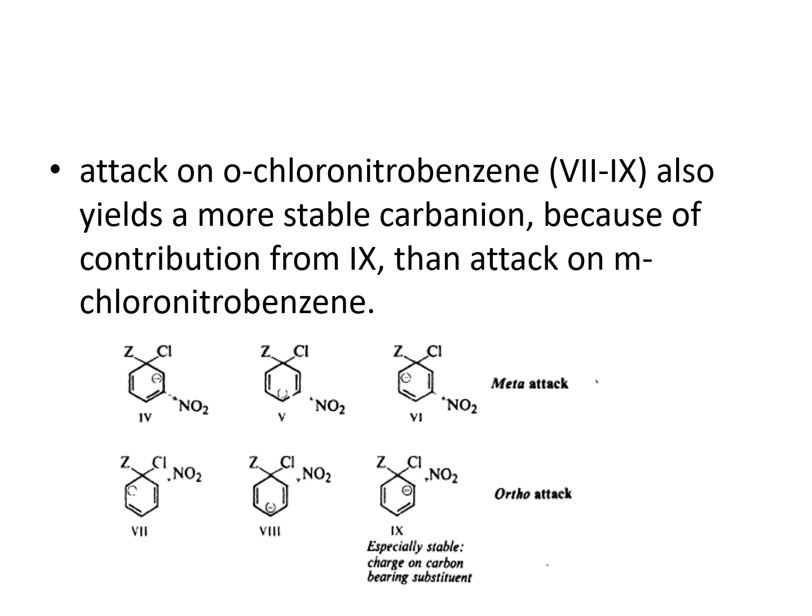That means the electron withdrawing group should be present either at the ortho position or para position, or at ortho and para positions. If the electron withdrawing group is present at the meta position, that may not lead to the formation of a stable carbanion.